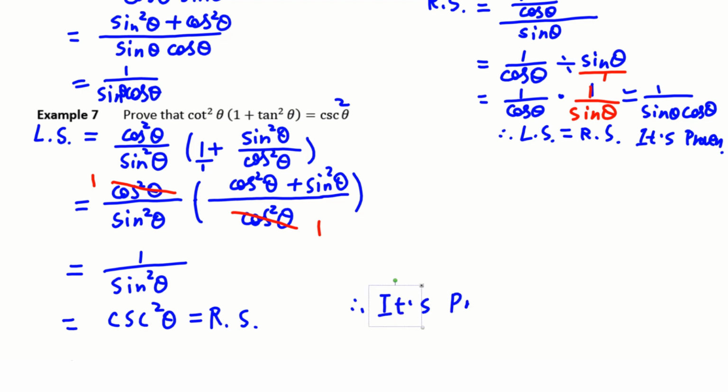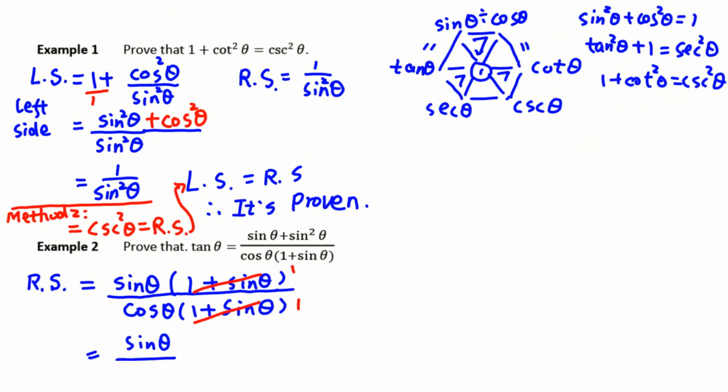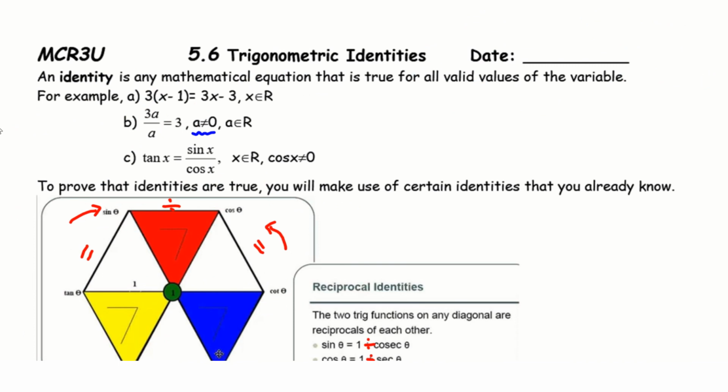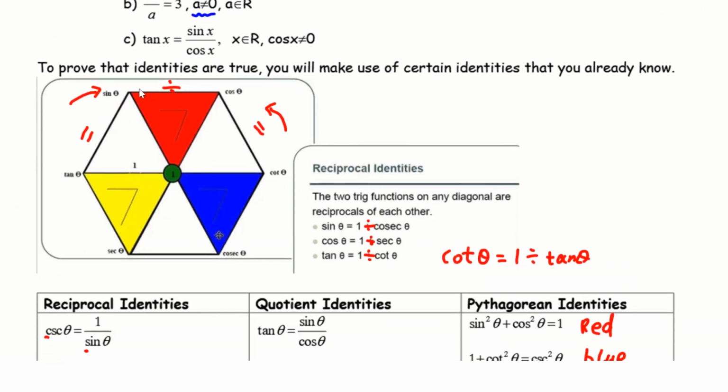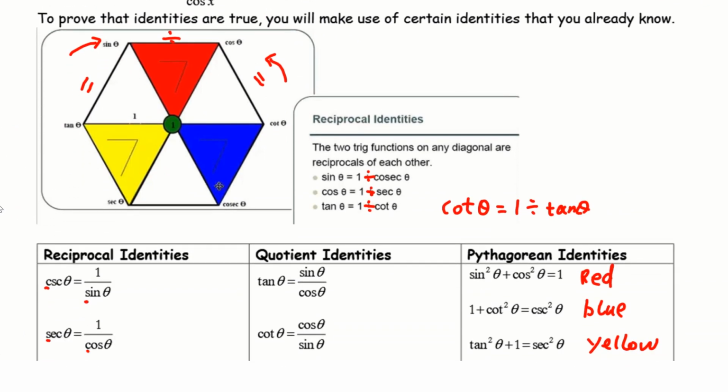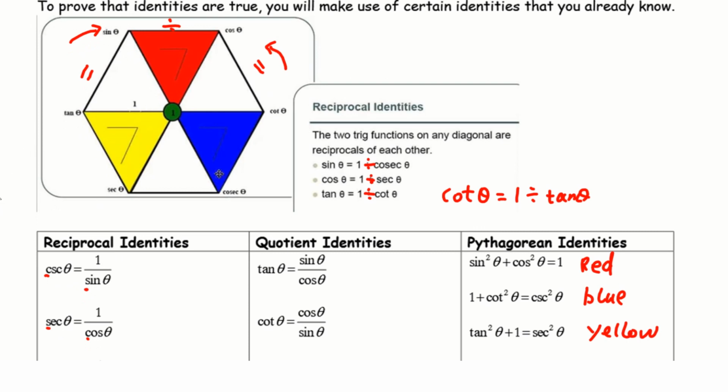So in this video, we have covered the 8 trig identities, and you could use them to prove other trig identities. We start from the more complicated side, and sometimes if the trig ratios are ones we are not familiar with, we want to change them to sine, cosine. In this video, we have also shown you the hexagon to help you memorize all these 8 trig identities.